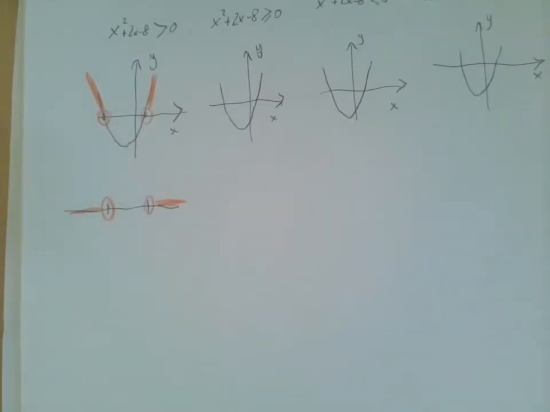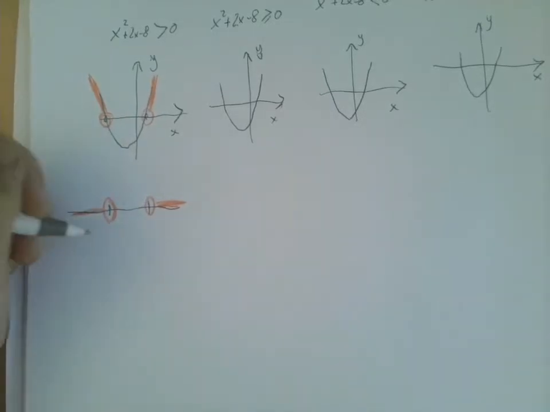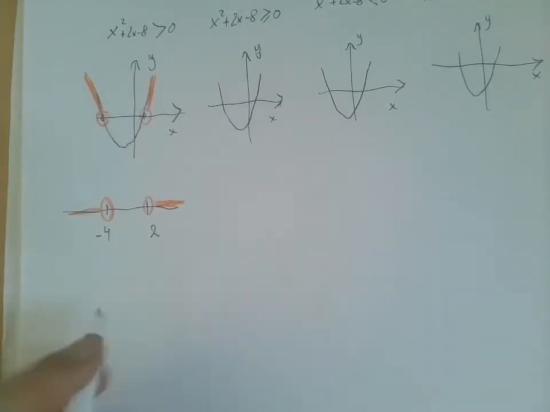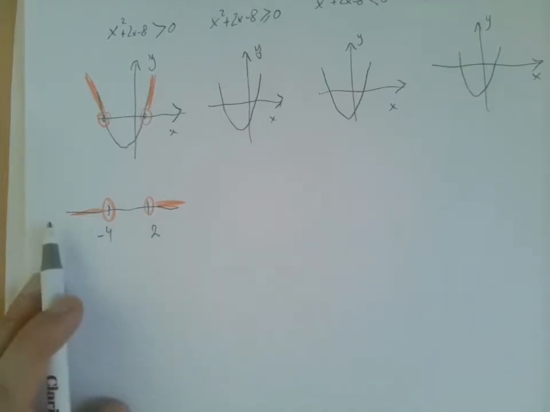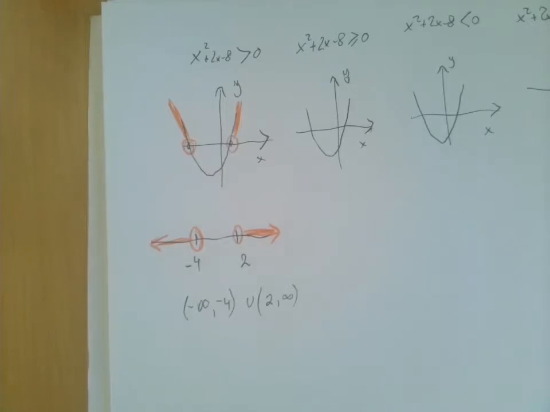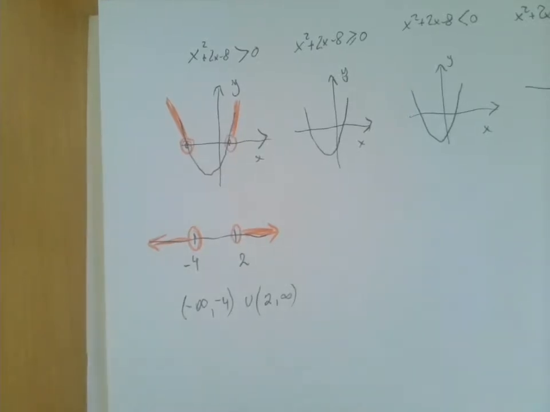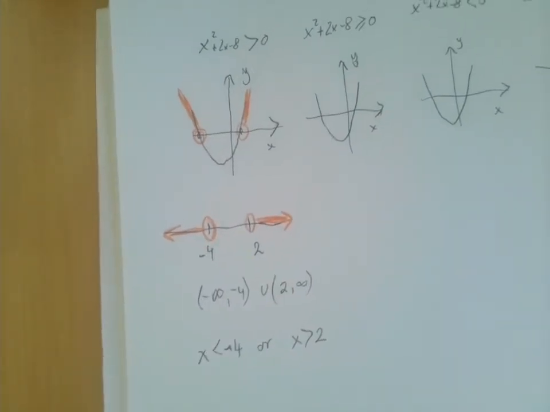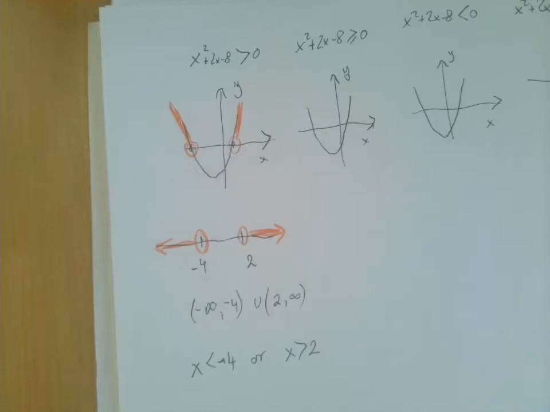And I would say at first, don't rush into less or greater, just say to the left, to the right, and then we're going to translate that in the next step. And so now we have to the left of -4 and to the right of 2. So in interval notation, this is negative infinity, -4, union 2, infinity. And in inequality notation, x is either less than -4 or greater than 2.